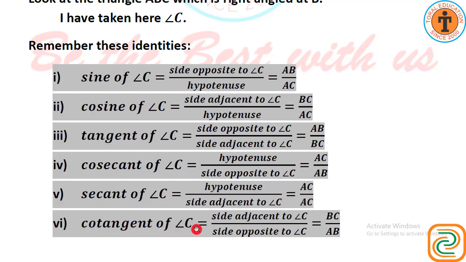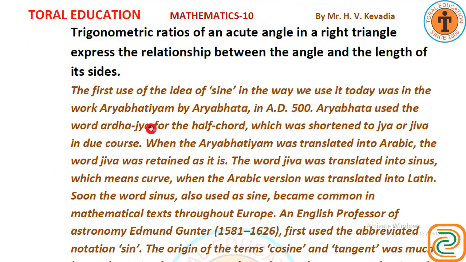Cotangent of angle C is the reciprocal of tangent, side adjacent to angle C upon side opposite to angle C, BC upon AB. Okay, these 6 formulas are to be remembered very carefully.